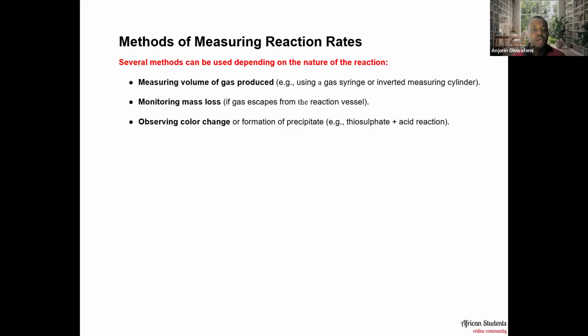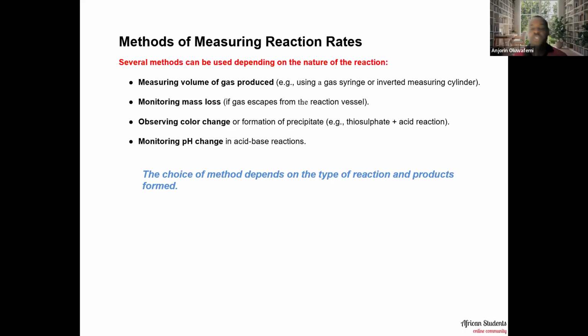We can also use pH change in acid and base reaction as a yardstick to measure reaction rates, especially in acid-base reactions. So the choice of method depends on the type of reaction and products that are formed. This is what determines the method that will be adopted to measure reaction rates.